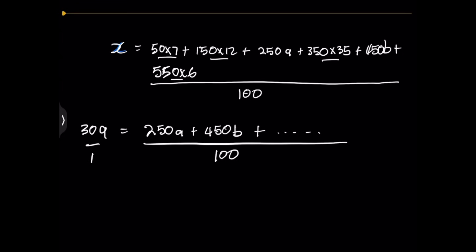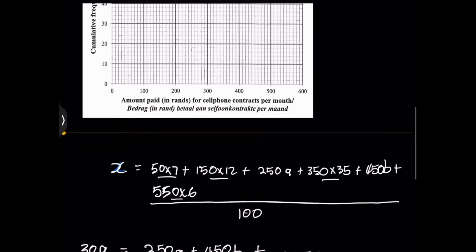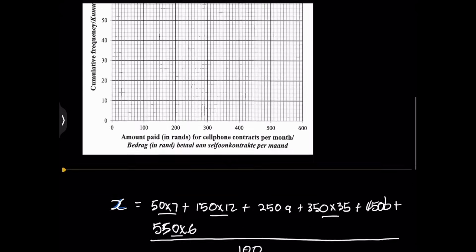Then you simply cross multiply 309 times 100.